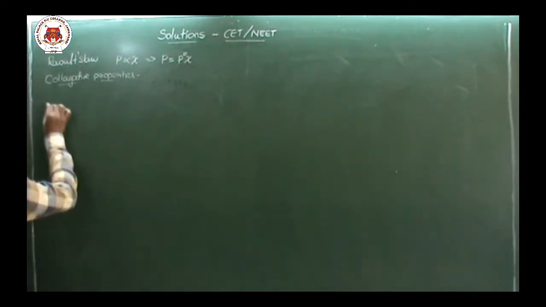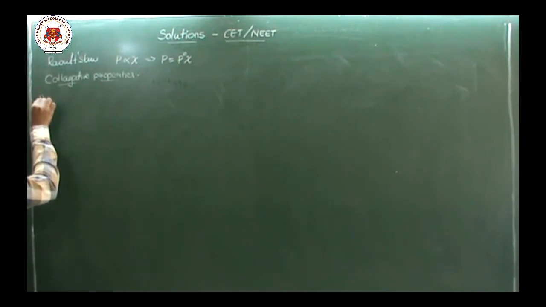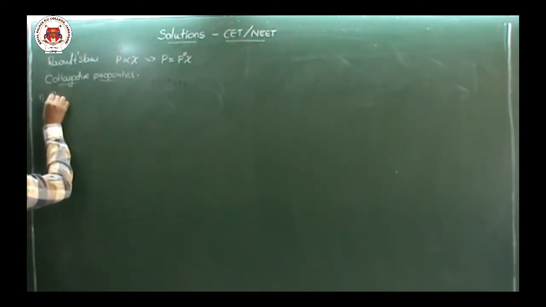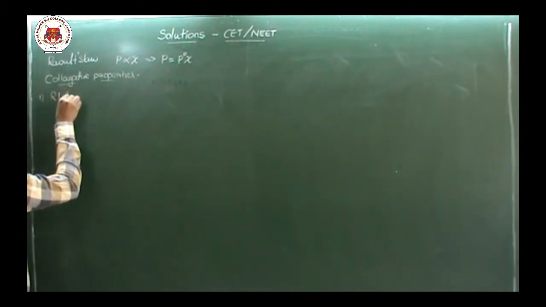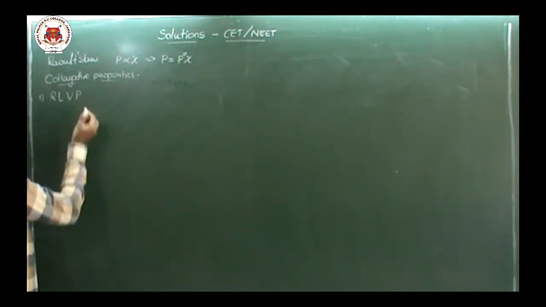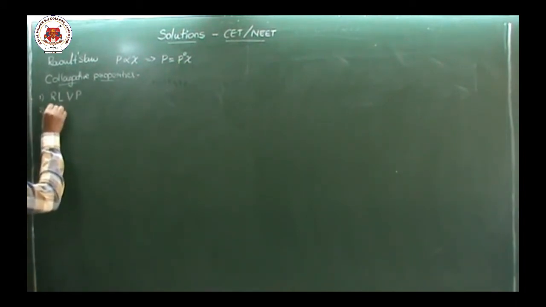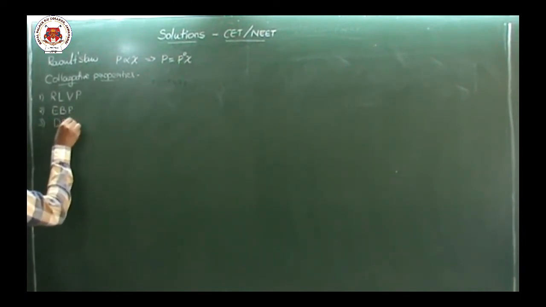In this we are going to study 4 properties: RLVP, RLVP means relative lowering of vapor pressure, elevation in boiling point, depression in freezing point, and osmotic pressure.